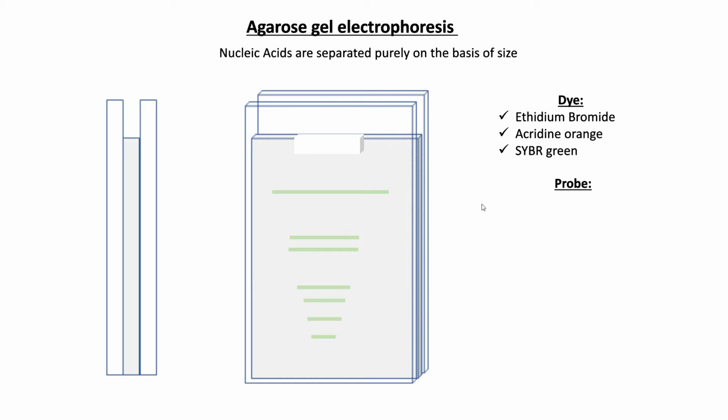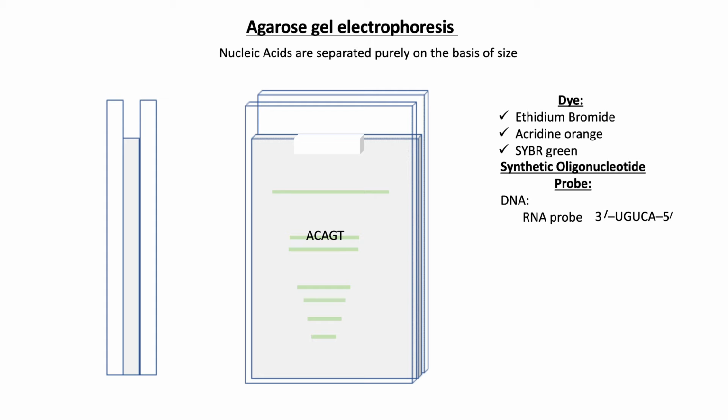So the probe is a synthetic oligonucleotide probe. And let us suppose this is a sequence which we are looking for. So the probe has a complementary sequence to this. It can be an RNA probe which binds to the sequence of DNA. And remember, binding of DNA to DNA, DNA to RNA, or even RNA to RNA, that is rare, but still it can happen.